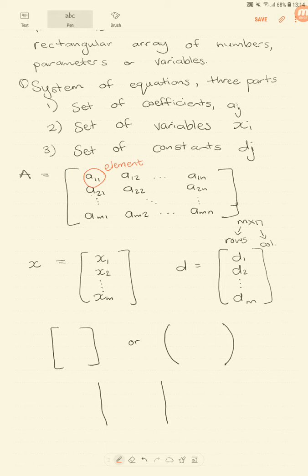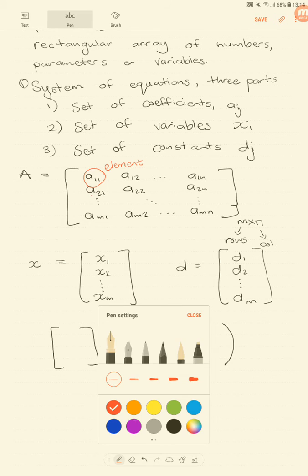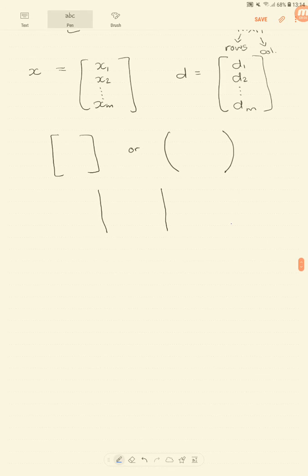Okay, so let's do an example. If we have a system of equations, x minus 3y plus 6z equal to minus 1. The second equation is 2x minus 5y plus 10z equal to 0.